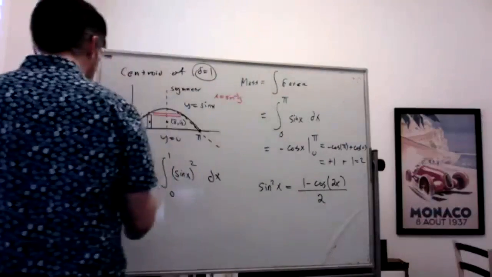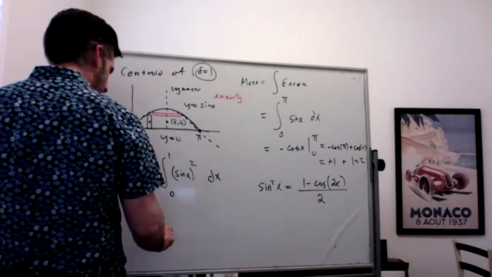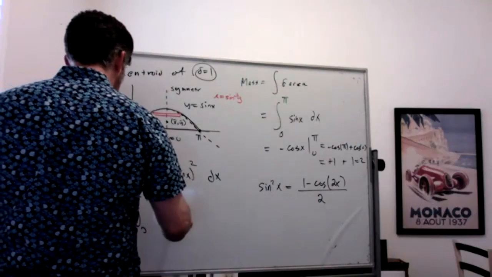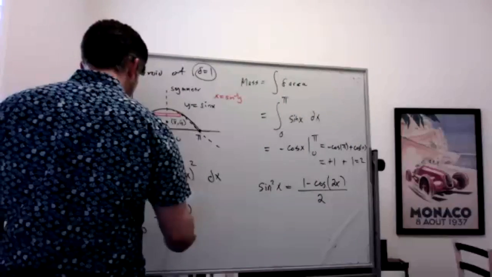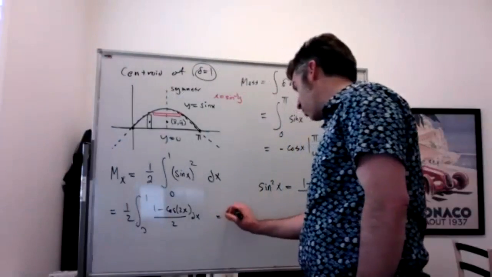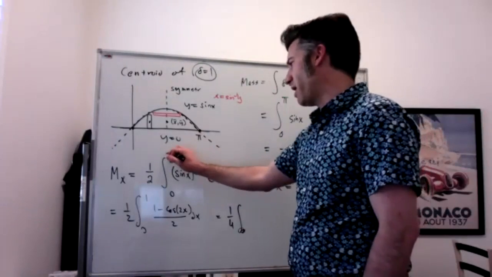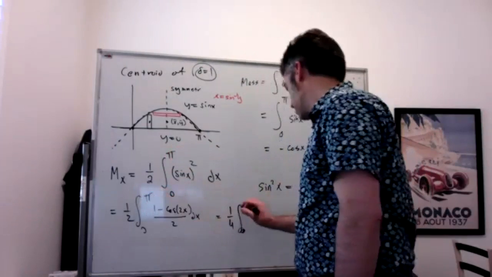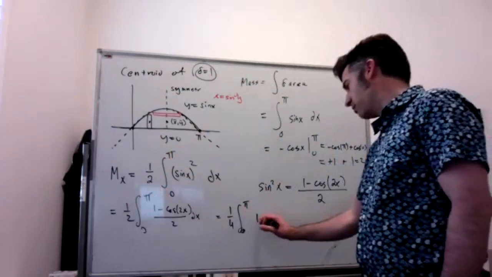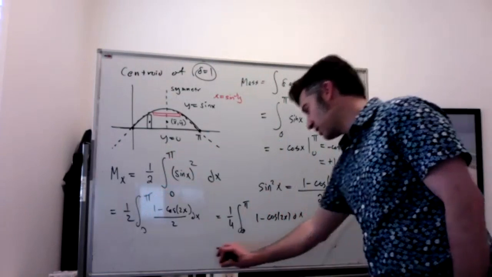So this is going to be 1/2 integral from 0 to pi of 1 minus cosine of 2x over 2. I'm going to factor out the 1/2, so I'm going to get a 1/4 integral from 0 to pi of 1 minus cosine of 2x dx. Okay, let's integrate.